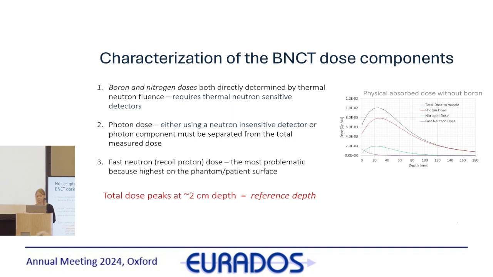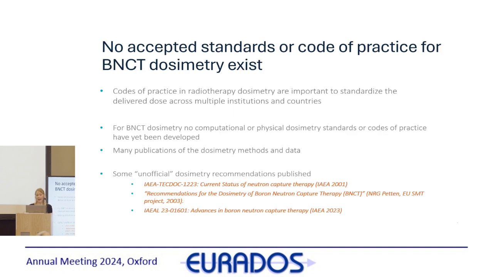There are no accepted standards or code of practice for BNCT dosimetry yet, which is quite a problem because we would like to standardize delivered dose across multiple institutions and countries now that BNCT is again growing.